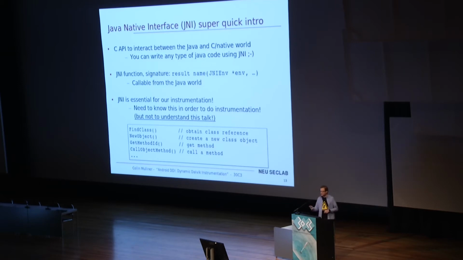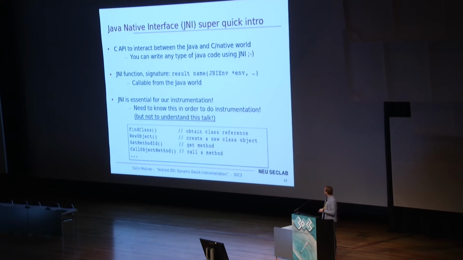I will give you a very brief overview of JNI. You really don't need to understand JNI to understand this talk, but if you want to write your own instruments later, you have to look into JNI. It's basically a standardized interface to call native code from Java. You can almost write any code that you can write in Java in this JNI interface, but you have to do a lot of work.